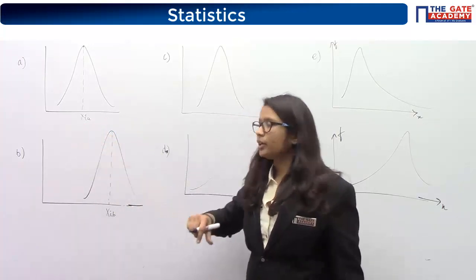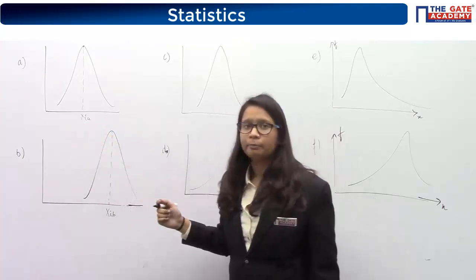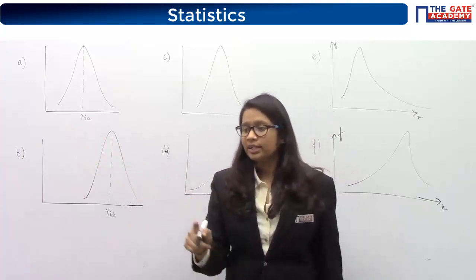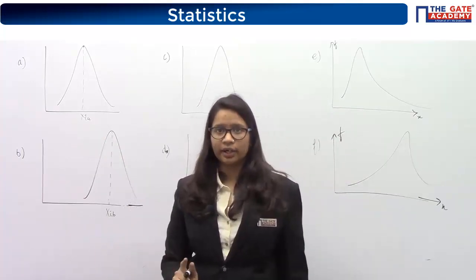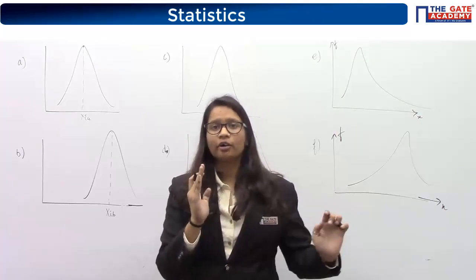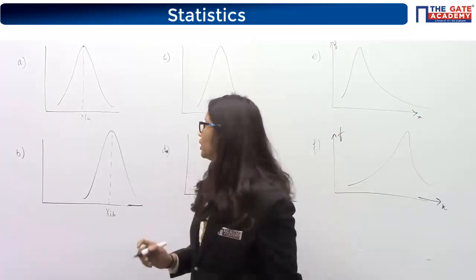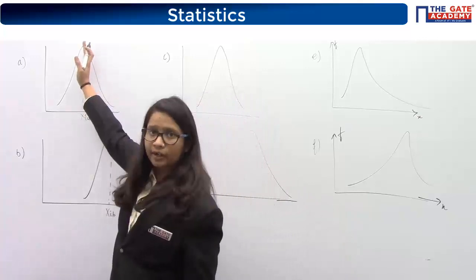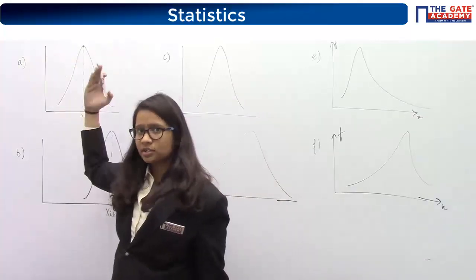So what is that peak denoting? That peak is known as the measure of central tendency, which is the first one in your slide. What is central tendency? It is a point around which all your data is distributed. You can see that it's a central point around which my data is distributed.